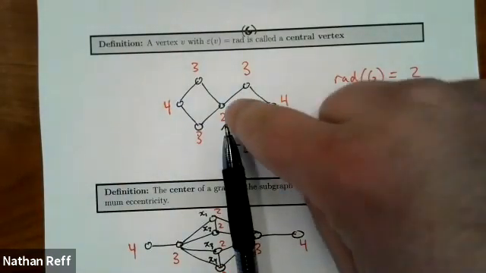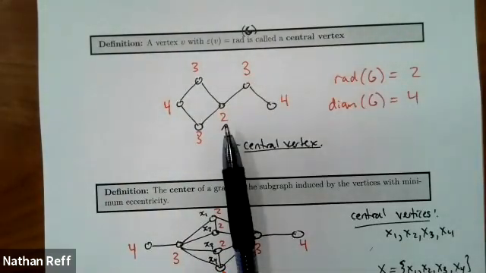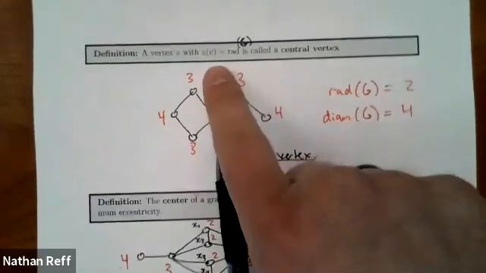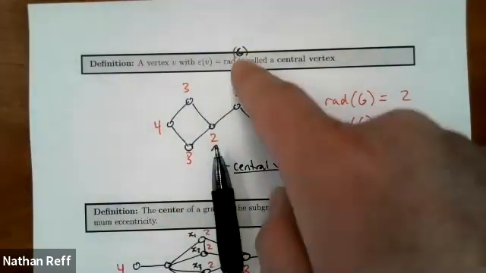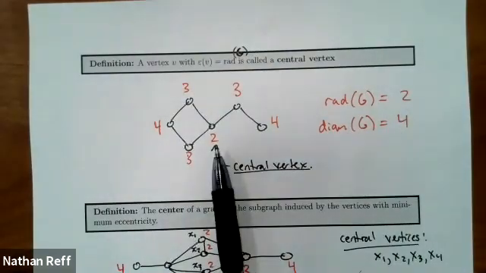Could you have that this central vertex is distance bigger than the radius from any other vertex? If that was possible, then it wouldn't be the central vertex, because by definition the eccentricity, which is the maximum distance, is equal to the radius. So if you're at the center, you cannot have a vertex further than the radius.